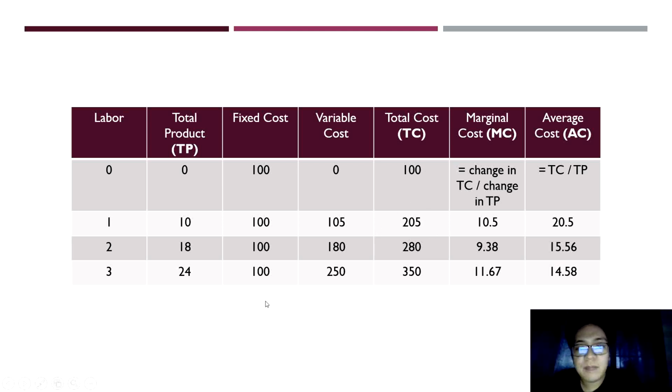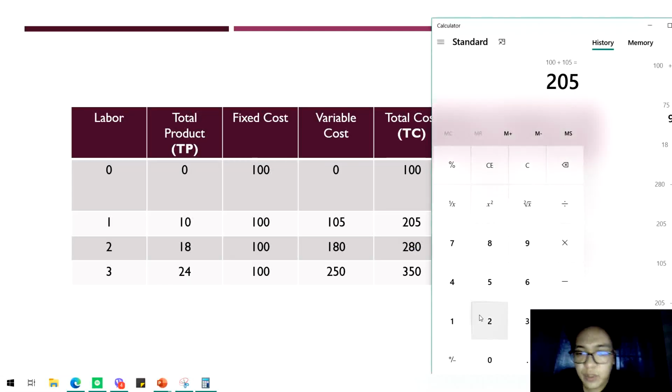So ang mangyayari dyan, we have here 205 minus 100. So we have here 105. Ito yung change in TC na meron tayo.